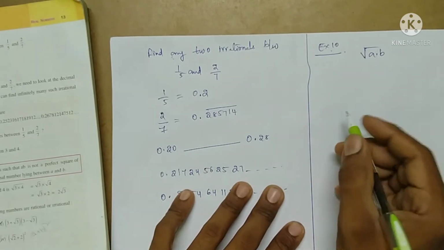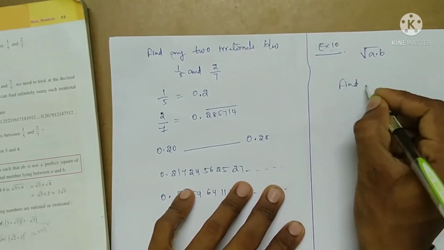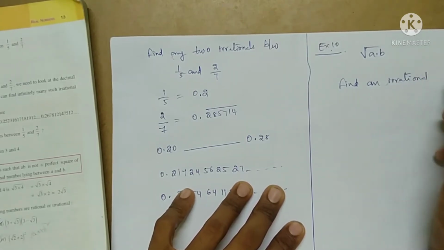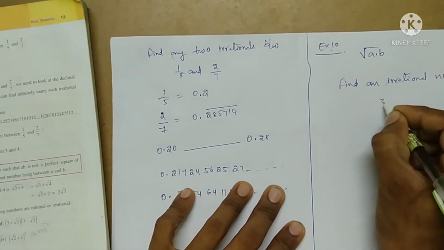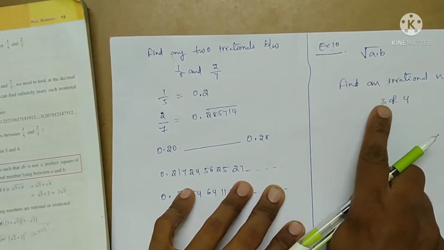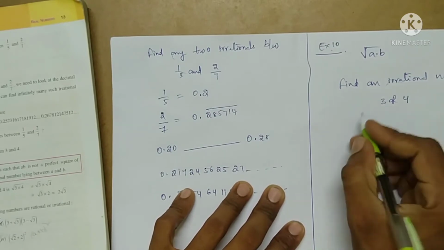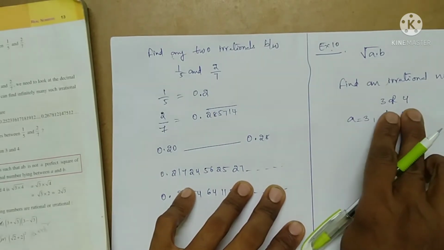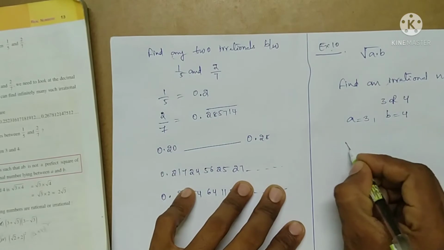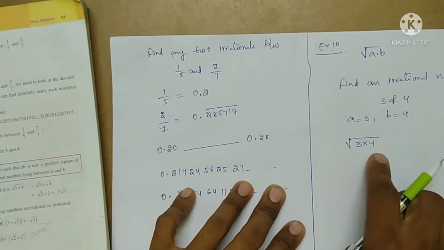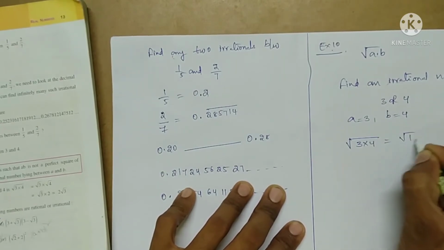So example 10: find an irrational number between 3 and 4. Our formula is the square root of a into b. Here a is equal to 3, b is equal to 4. So the irrational number between 3 and 4 is the square root of 3 into 4, that is equal to the square root of 12.